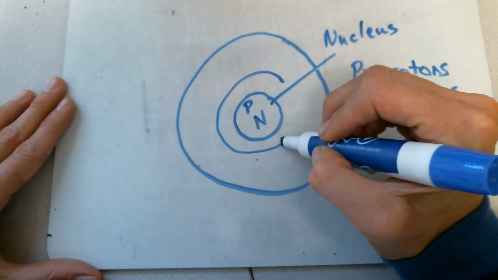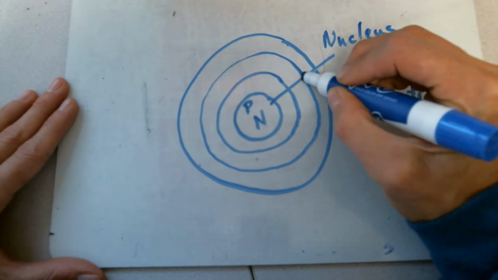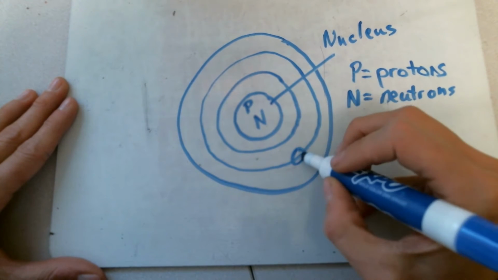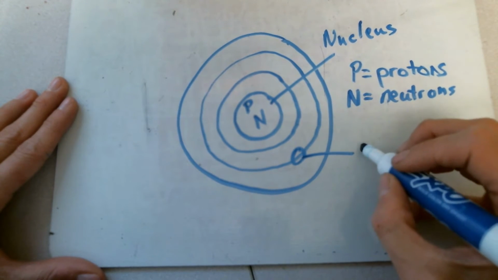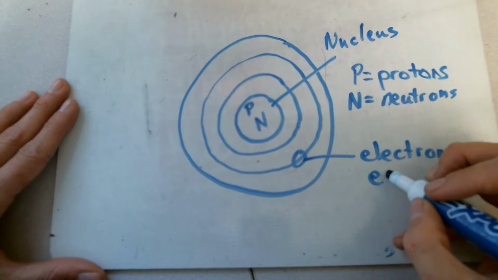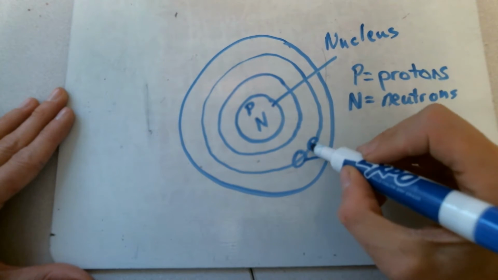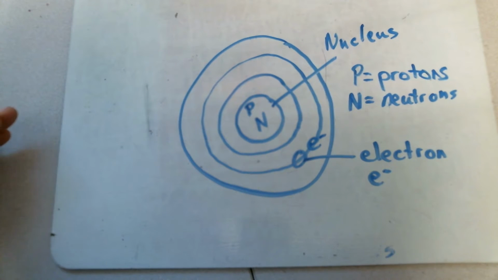Outside of the nucleus, we have orbitals, and these orbitals are where you find electrons. I often refer to electrons as E negative. Sometimes you'll see me draw them as circles, other times I'll represent them as E minus.